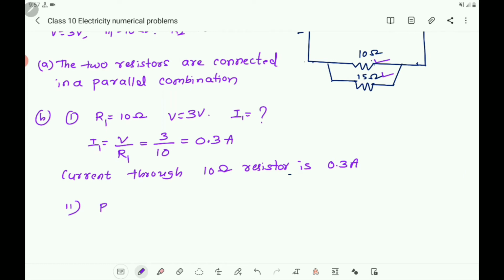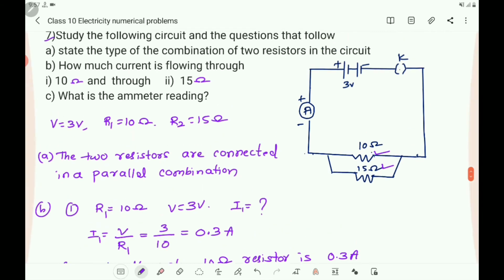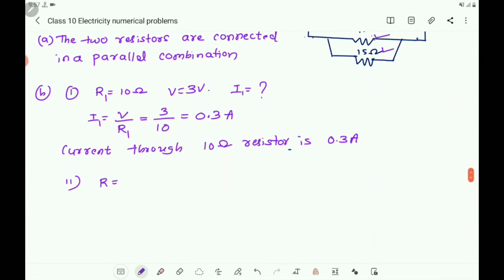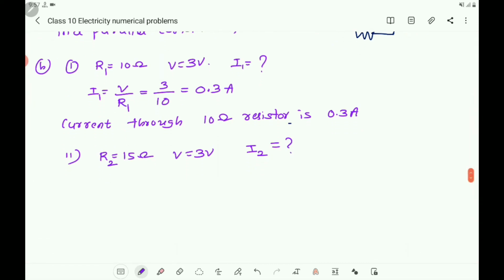So you take R equals how much? We have to find out the current flowing through 15 ohm. R equals 15 ohm, and V is the same, that is 3 volt. What you have to find out? I. Here this is R2, this is I2 equals question mark. Then you write the formula I equals V by R. So I2 equals V by R2, V is the same, R2 is 15.